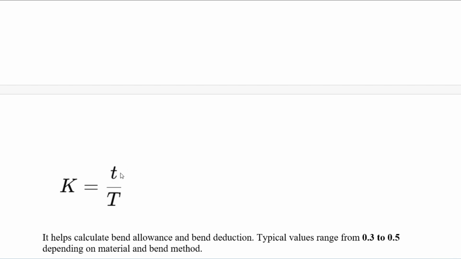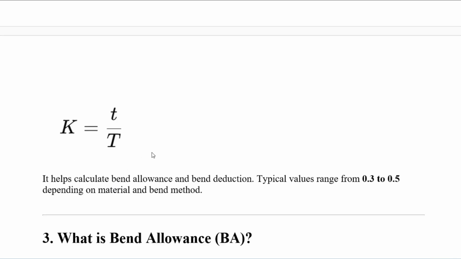Generally we denote the location with small t, and the material thickness is capital T during the bending. In the ideal condition the neutral axis is at the center, but while bending it will shift, there will be a small shift. That location is denoted with small t, and the ratio of the location of the neutral axis to the thickness of the sheet is called the K factor.